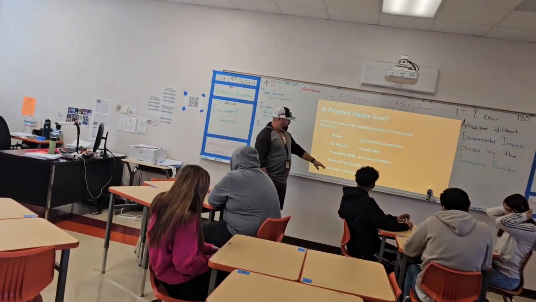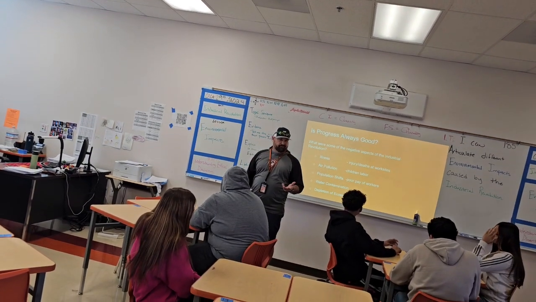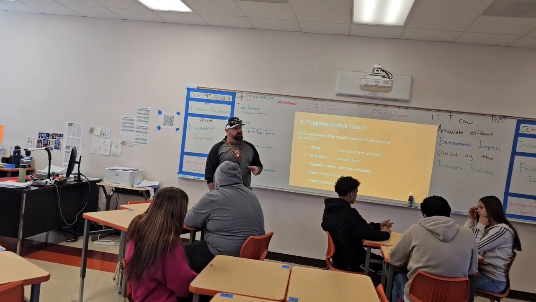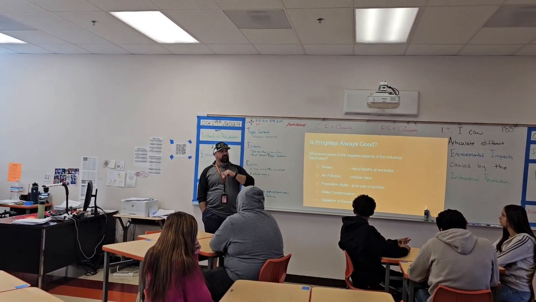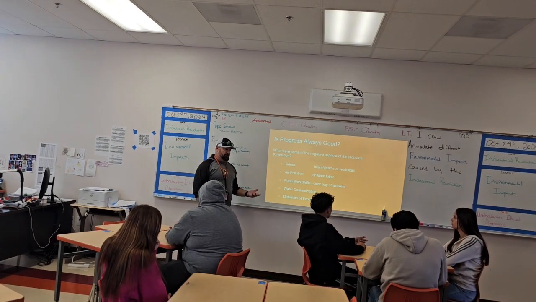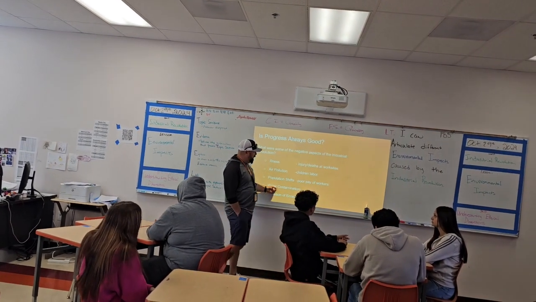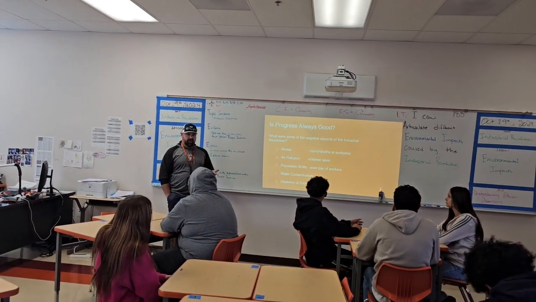Depletion of ecosystems. I want you to think back to the urbanization game we did. Remember there was that one step where you had those 50 trees, but then you were supposed to do what with them? Erase them, get rid of them. So now we're changing our ecosystem, especially when it comes to water contamination too. What lives in the water that people eat? Fish.